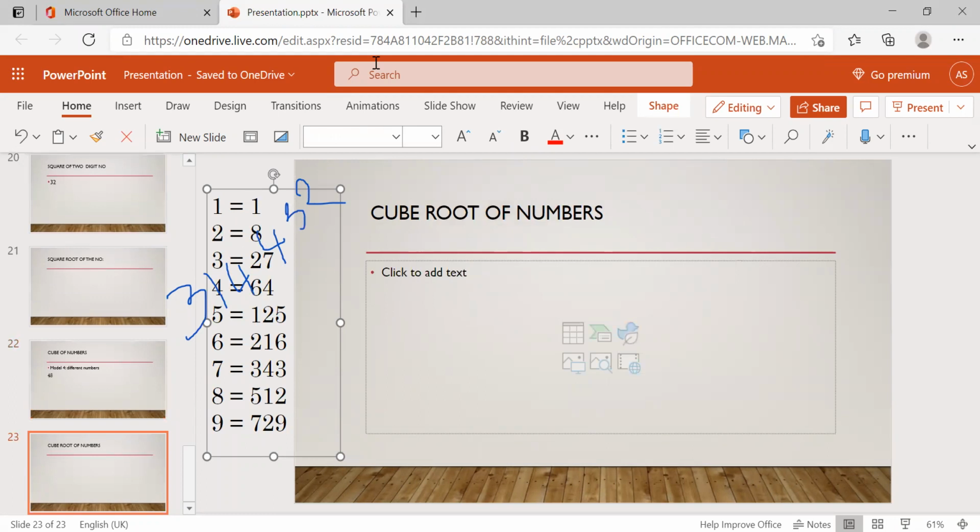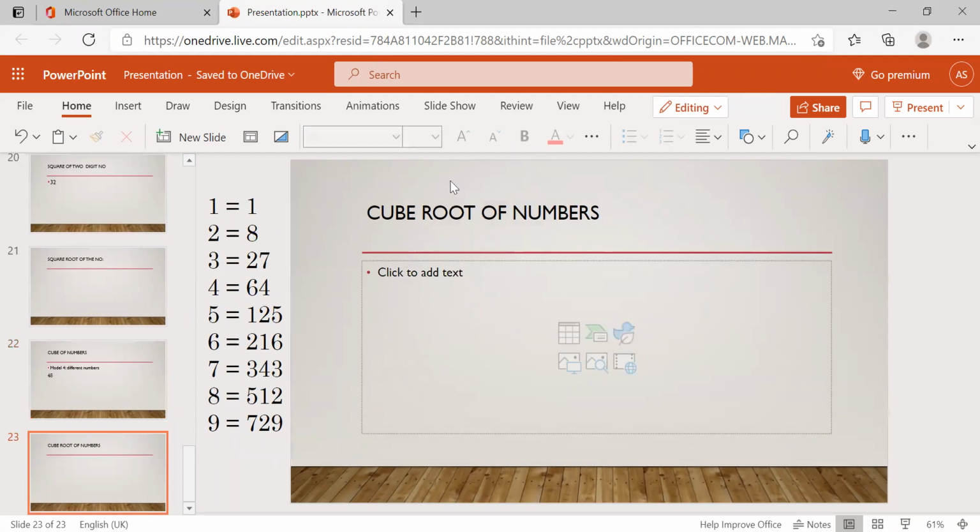So for the cube root of a number also you require this one. What's the cube number I gave? 314,432. Now you just check. It's just like square values.